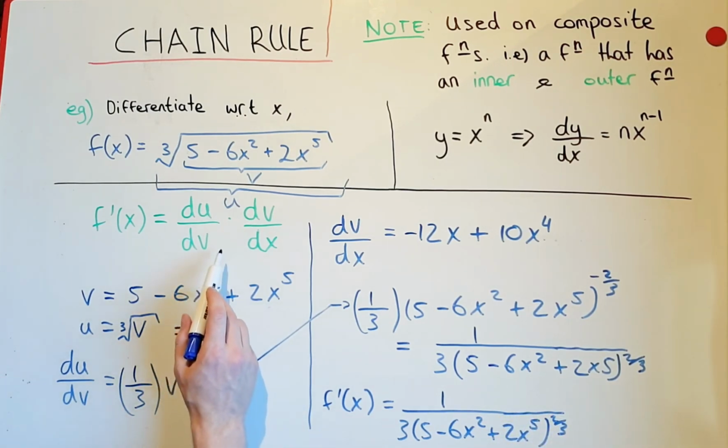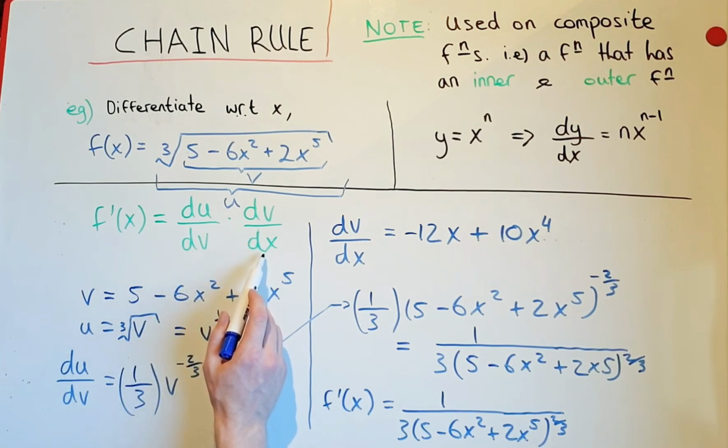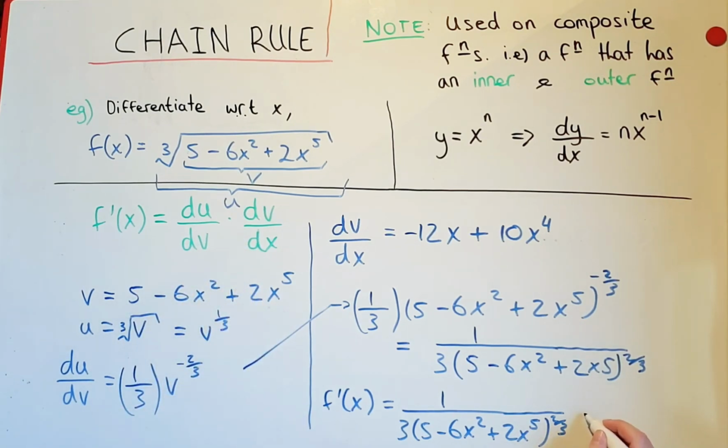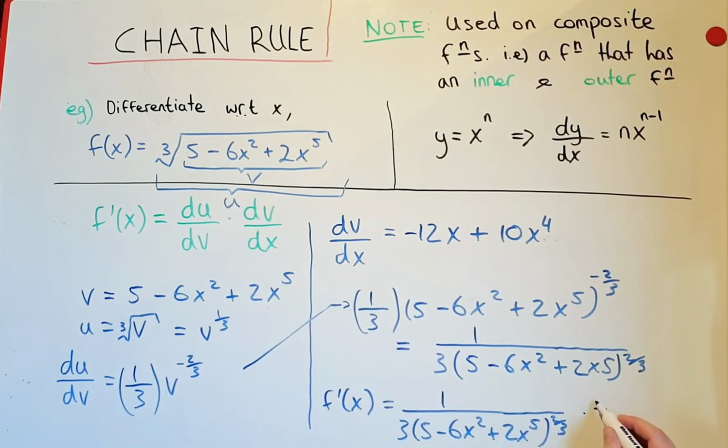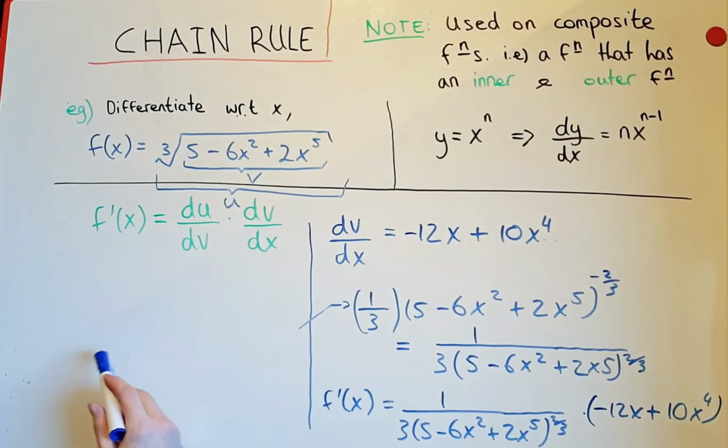And now we can see that's in product with dv dx, which we found to be minus 12x plus 10x to the power of 4. Alright, so just made a little bit of room over here.